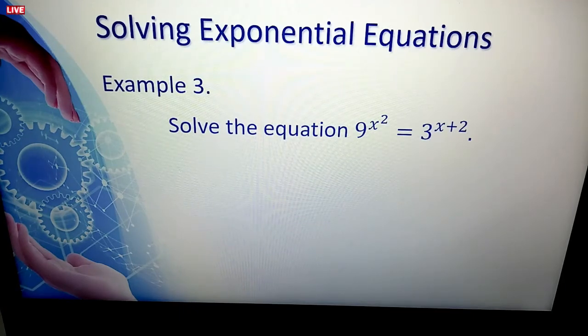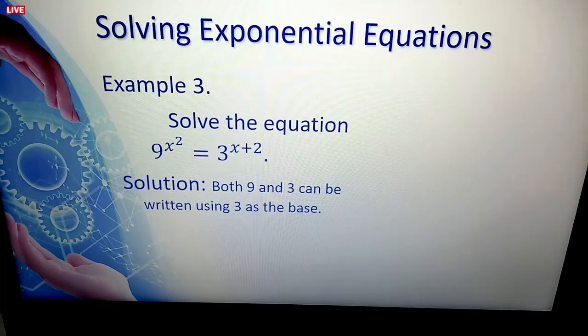In this case, we can get the same base, 3. The 9 and 3 can be written as base 3. On the left side, 9 can become 3 squared, because 3 squared is the same as 9. Then on the other side, we just rewrite 3 raised to x plus 2.